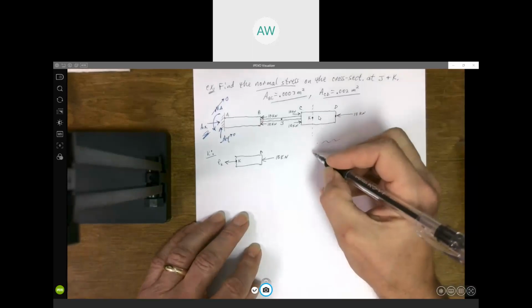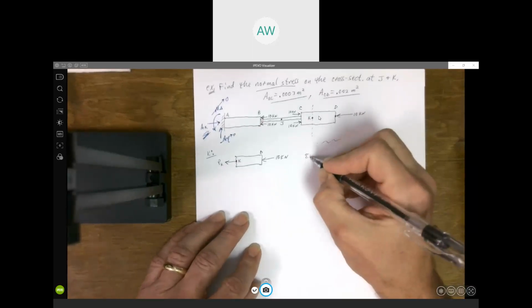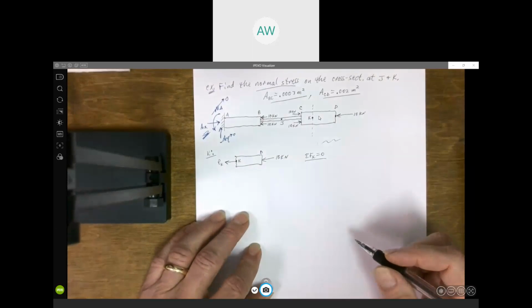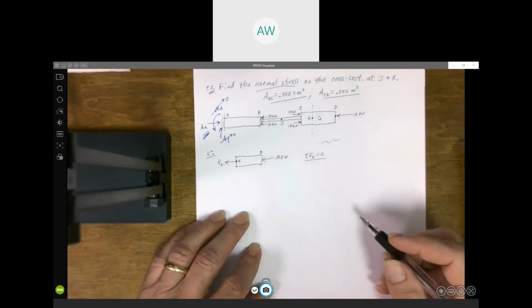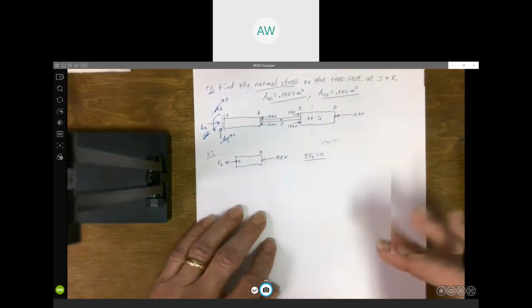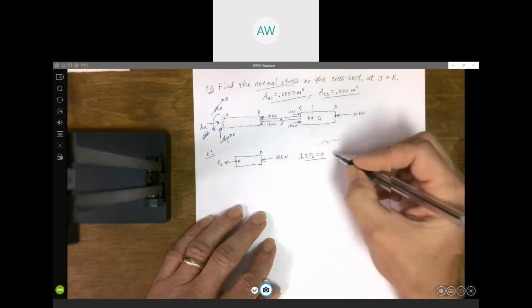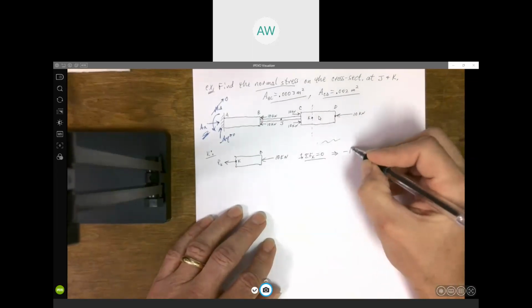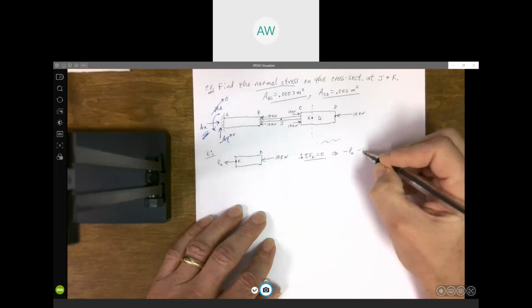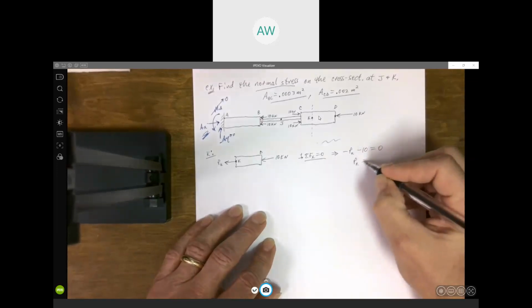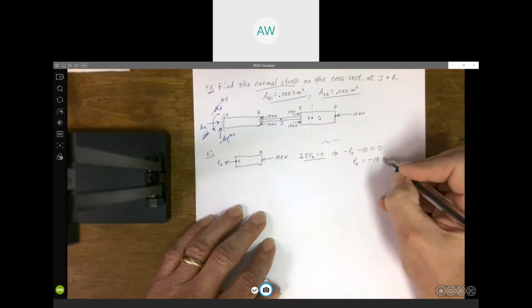But if you can't, if you need to write down the equilibrium equation, it's always safer to write it down and get it right than to do it in your head and get it wrong. So if we take positive to the right, we've got minus PK, minus 10 equals 0. So that axial force PK is going to be minus 10 kilonewtons.